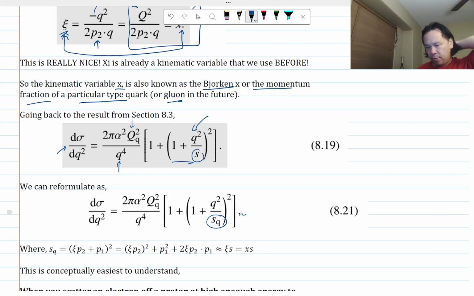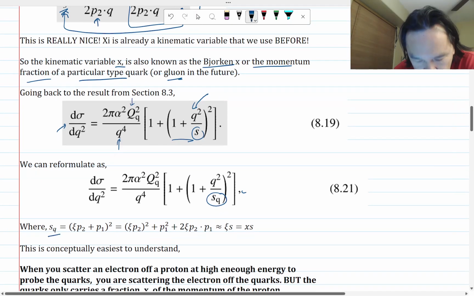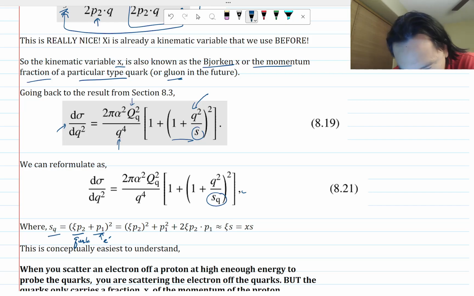What the heck is sq? sq is the Mandelstam variable for the fraction of the quark that's actually interacting with the electron. xP2 is the quark, and P1 is the electron. Those two four-momenta added together and then squared gives you the Mandelstam variable s. If you follow this out, this is going to be (xP2) squared, which is once again the mass of the quark squared.